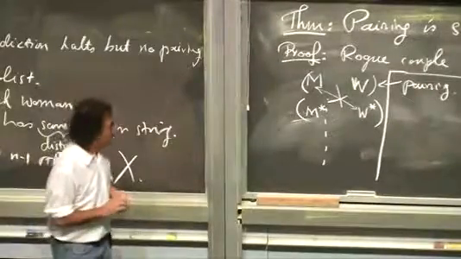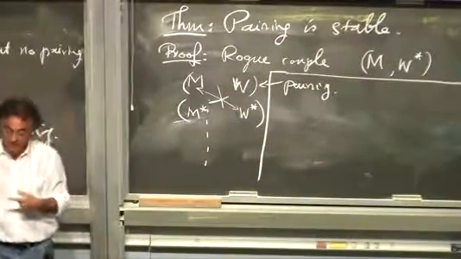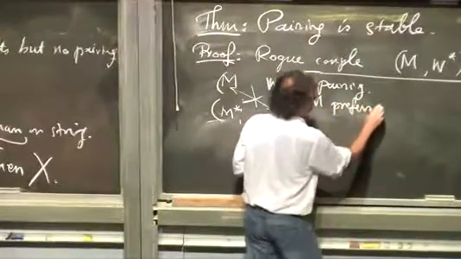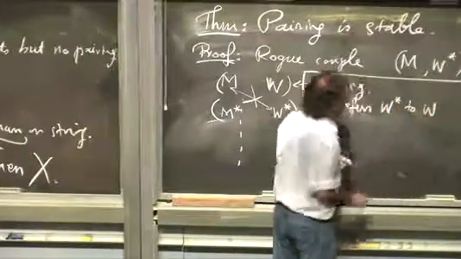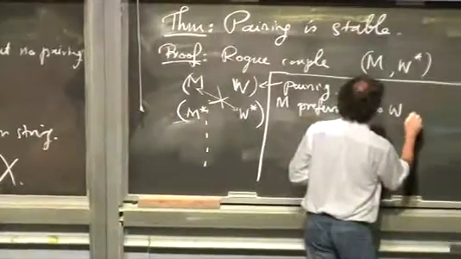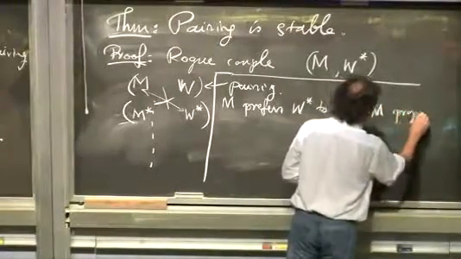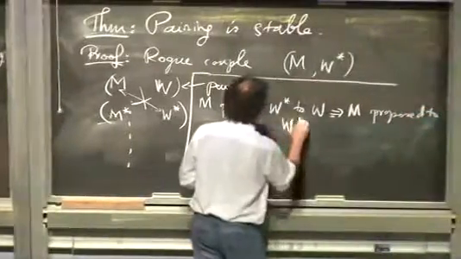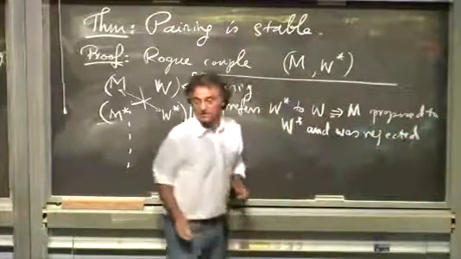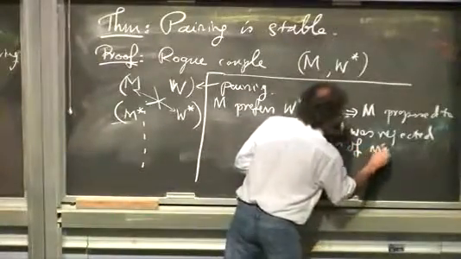So what do we say? Well, M obviously prefers W star to W. Therefore, M proposed to W star in the past and got rejected, which means that before he proposes to W, he must have been rejected by W star. Rejected in favor of somebody, M prime.